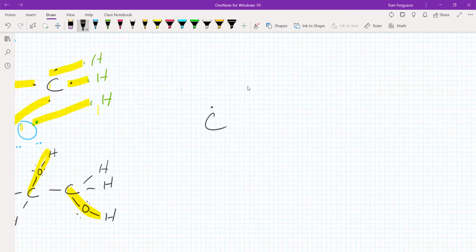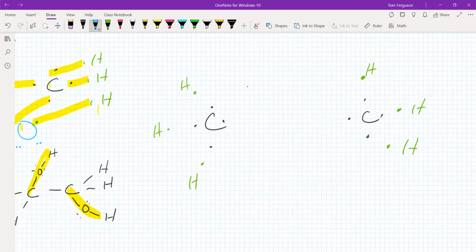Okay, so I'm going to have my carbons here. Notice I didn't put the carbons close to one another. We're going to stick the oxygens in the middle this time.